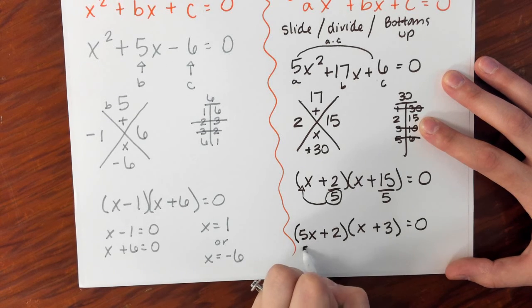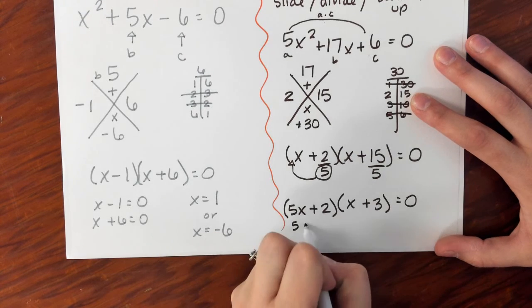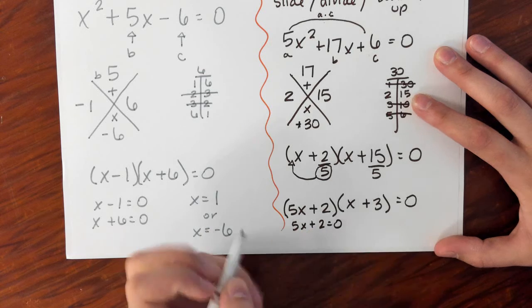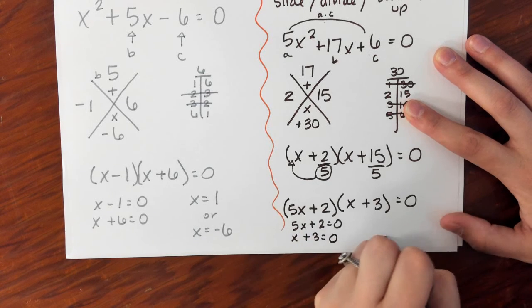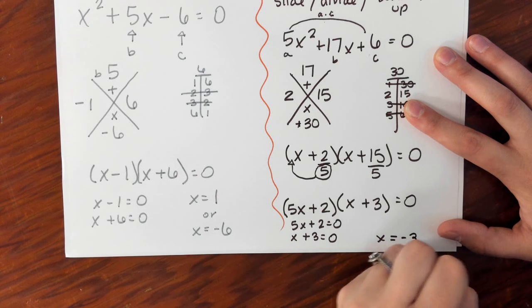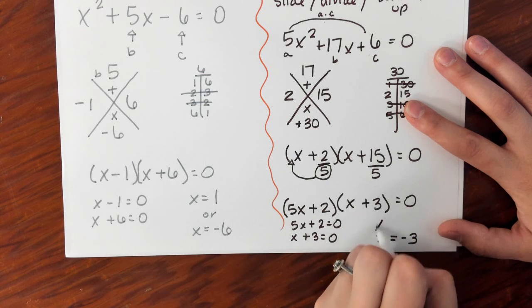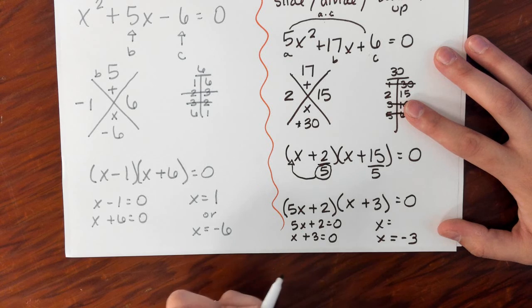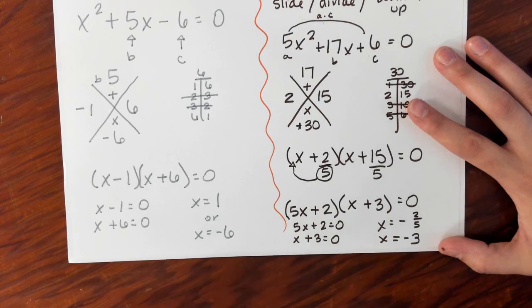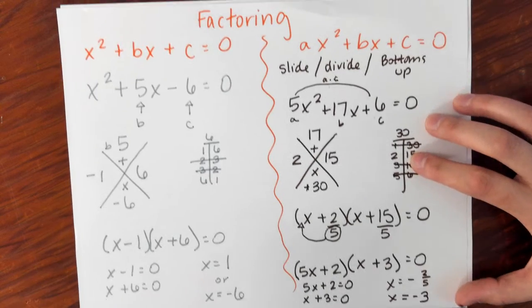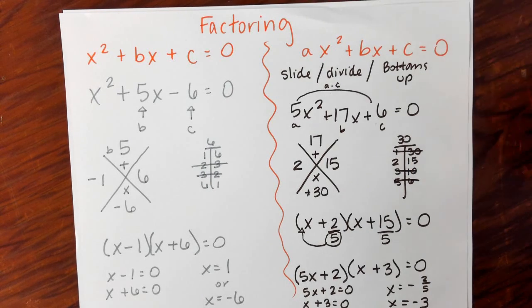So now I would have to set each to equal 0. 5x plus 2 equals 0, and x plus 3 equals 0. So we get x equals negative 3 and x equals negative 2/5. Right, and that is factoring the standard form of quadratic equations.